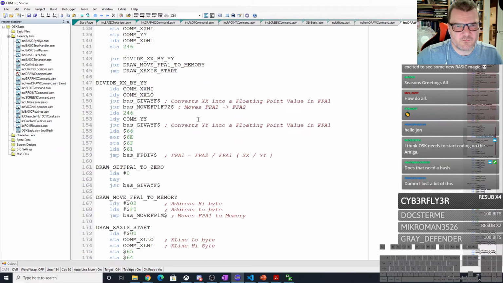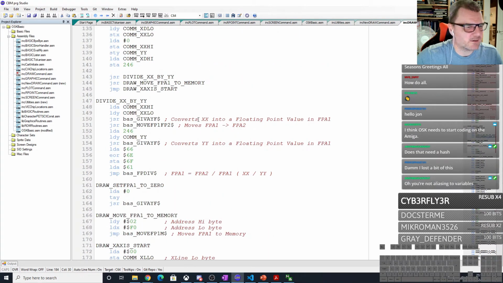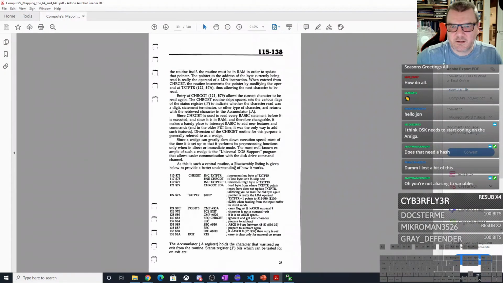So I think we need to rework this. No. We're accessing the basic floating points directly, which floating point 1 is 65, 66, 67, 68, I think. Let's go back.